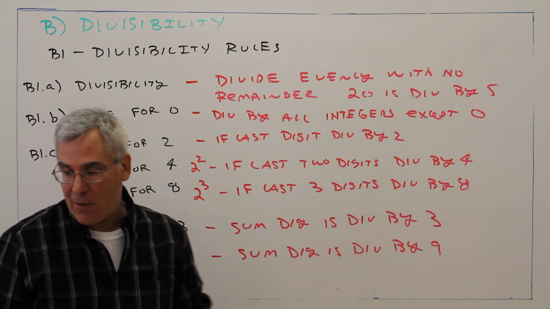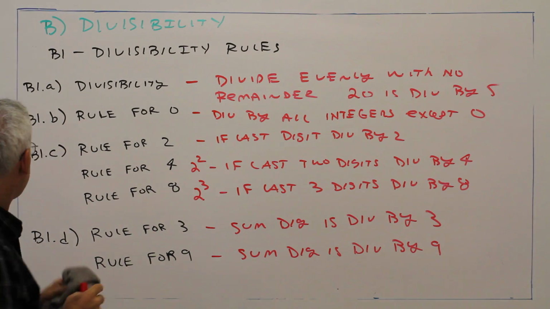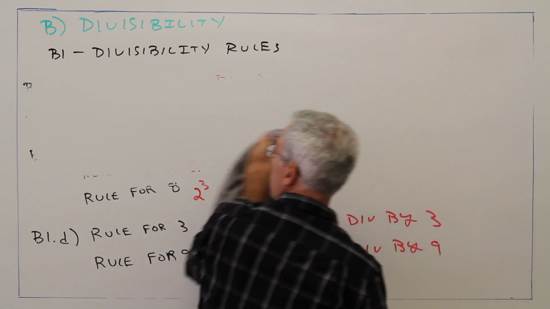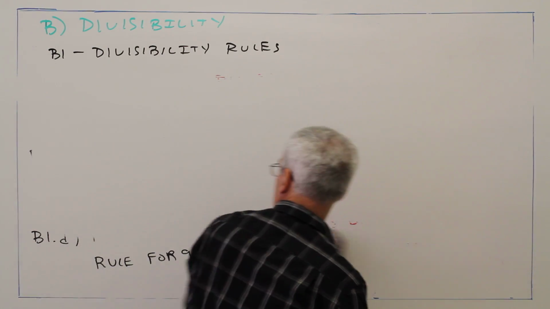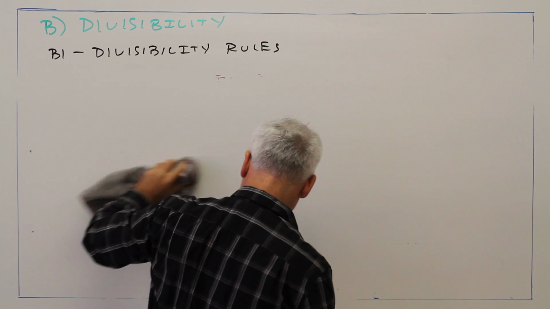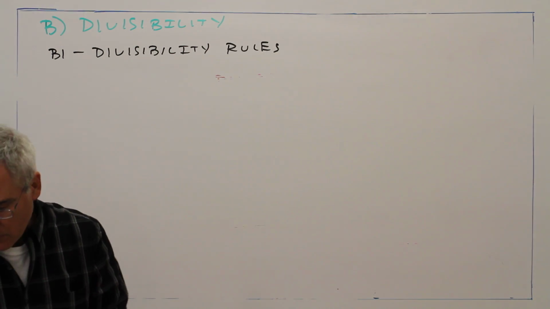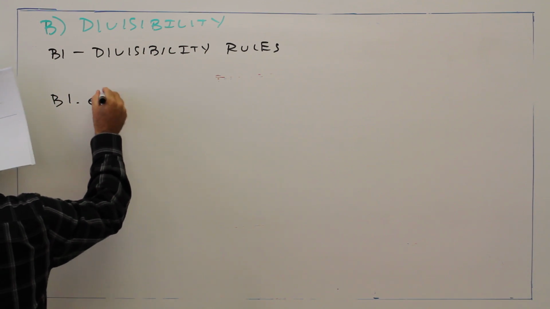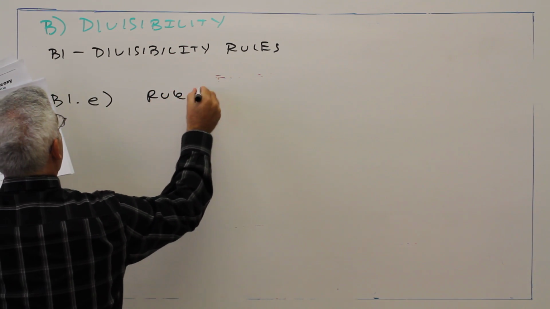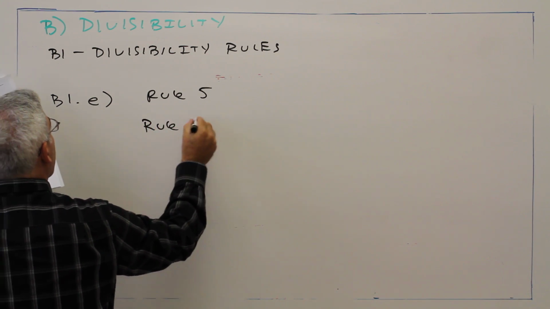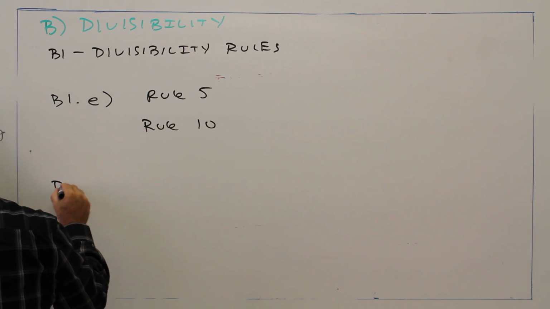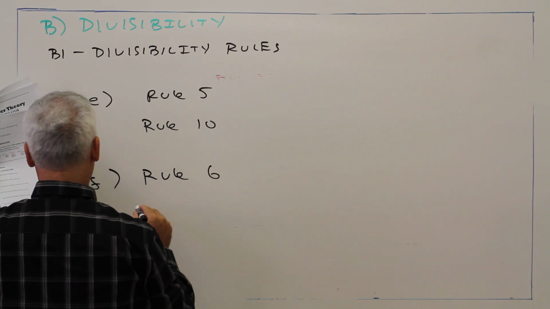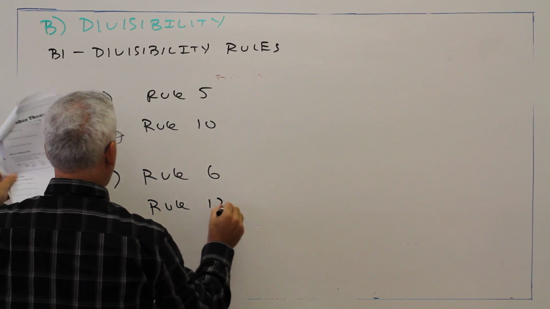I've got a few more I didn't have room, so I'll have to erase. Okay, so B1 point E, rule for 5, rule for 10, B1 point F, rule for 6, rule for 12.